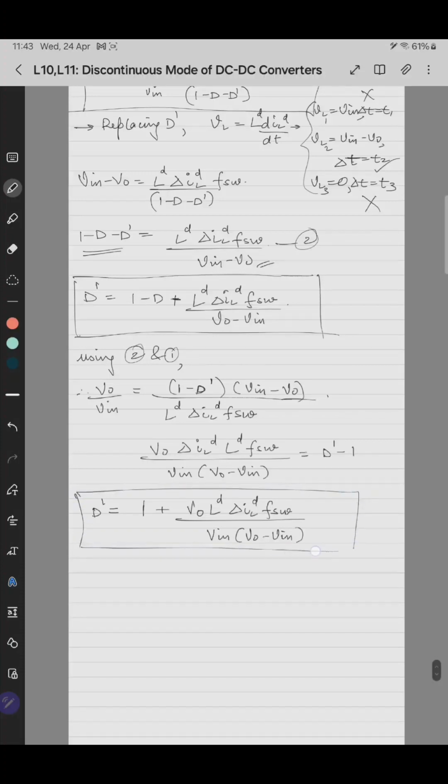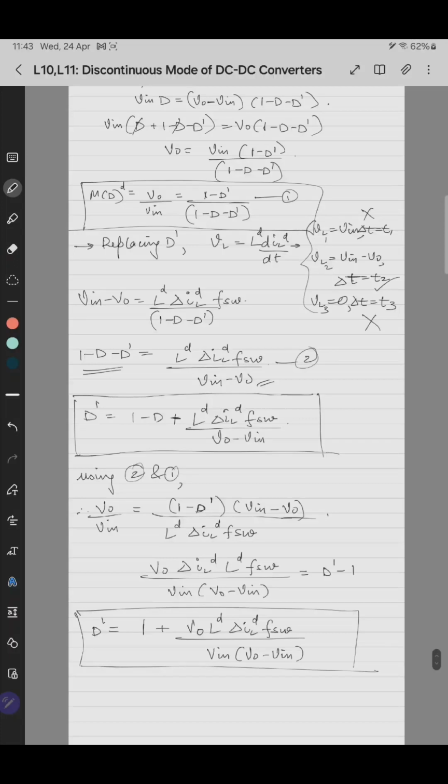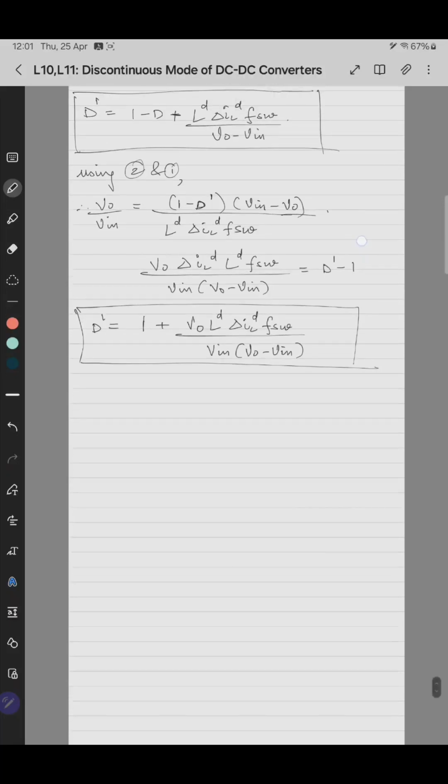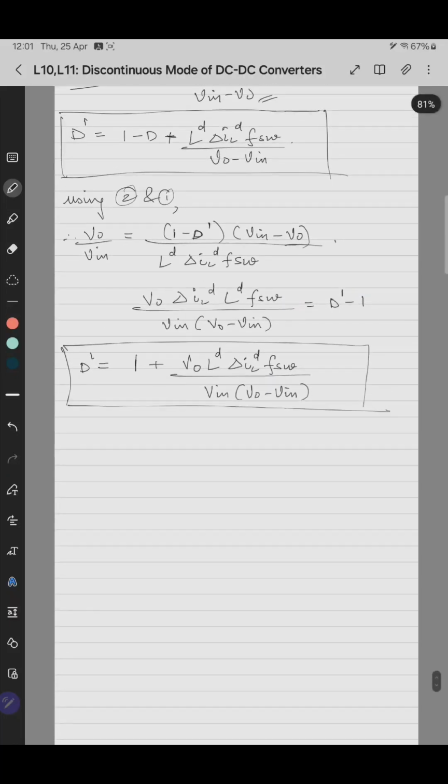This is some expression. So now we got the expression of this D dash.